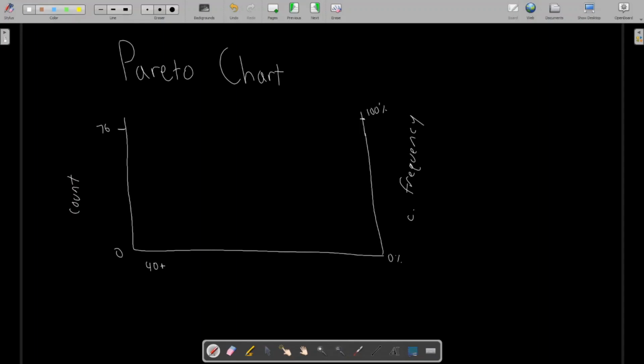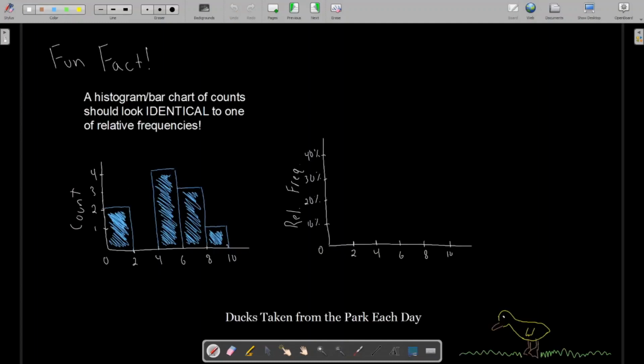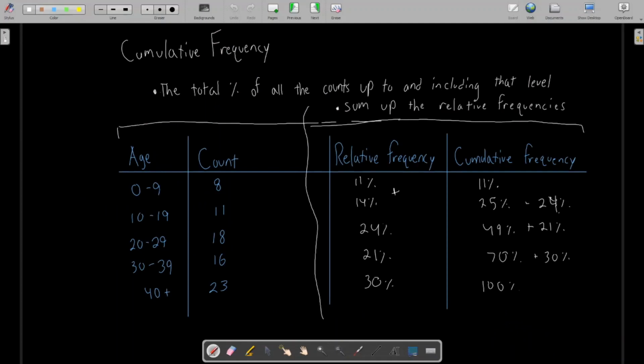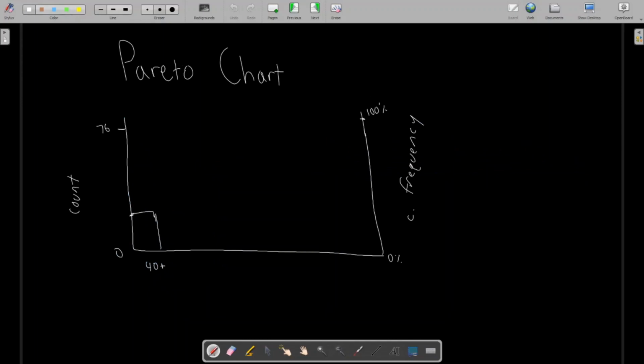And this count goes up to 23. So 23 is probably somewhere around here or so. Here's 40 plus. And then we'll go to the second biggest count, which is the 20 to 29 group.